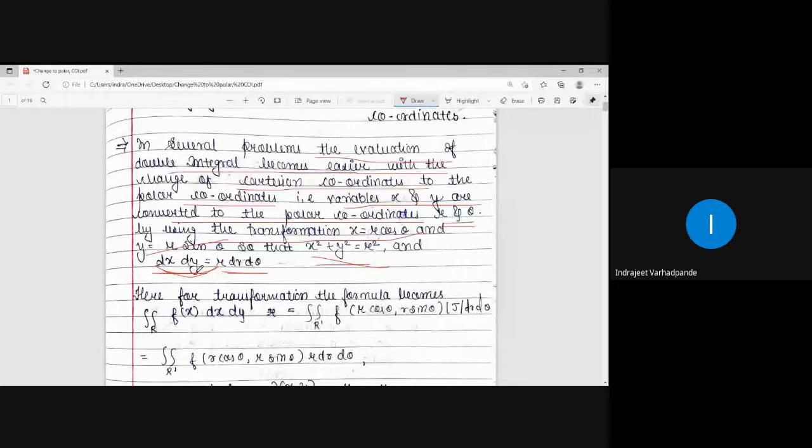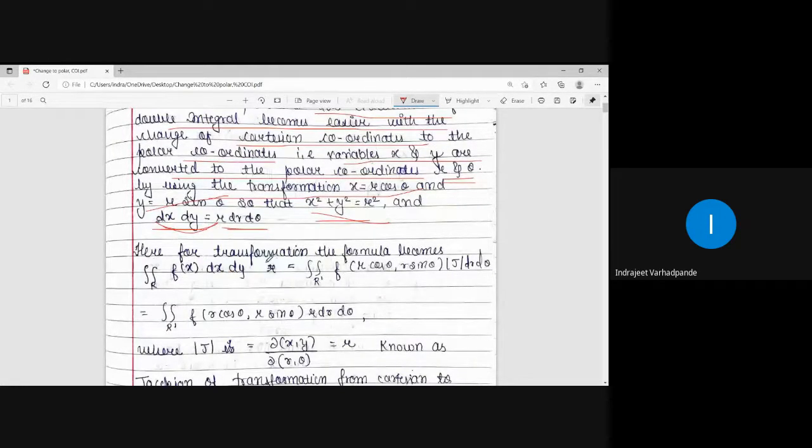A question can be raised: what is the value of the Jacobian of transformation responsible for converting the Cartesian coordinate system to the polar coordinate system? So for the transformation, the formula becomes double integral over R of f of x y dx dy.